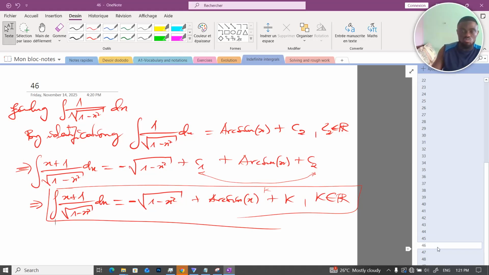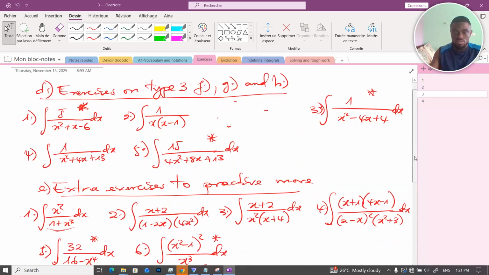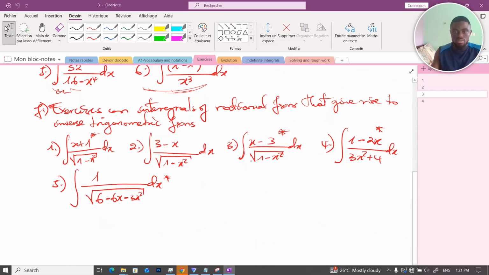Okay, let's move to the next exercise. The next one we have to do is the integral of x minus 3 all over the square root of 1 minus x squared.